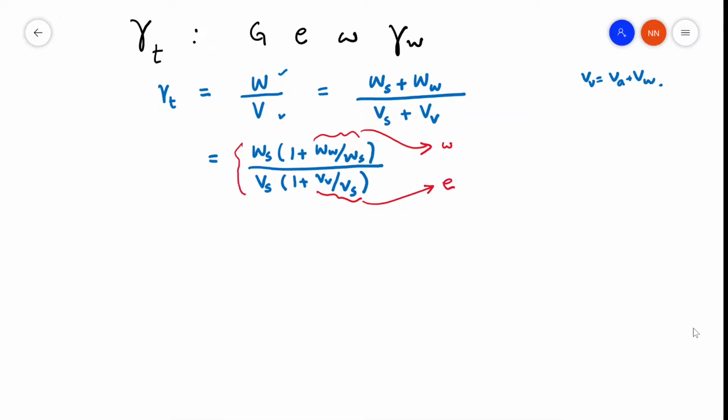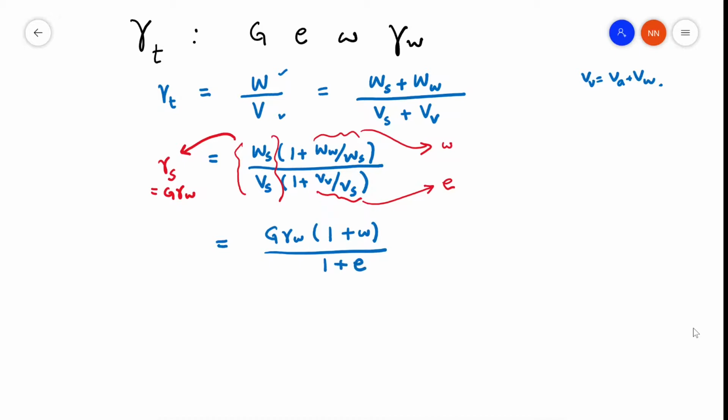And what is this thing over here? This is the density or the unit weight of solids, which is also written as G times gamma W. So if we put all this in the expression, in the numerator we have G times gamma W, and in the brackets we have 1 plus W, and in the denominator we have 1 plus E.